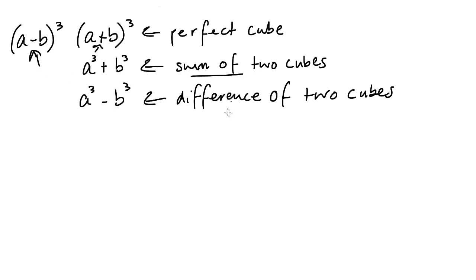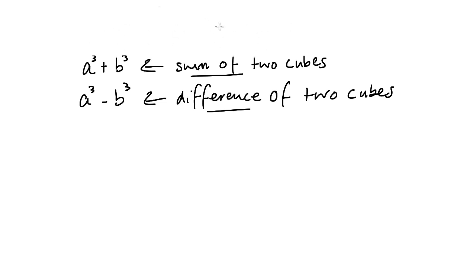With the sum of cubes and the difference of cubes, it's not expanding, but factorizing. So we're going from the expanded form to the factorized form. I'm going to do that now.